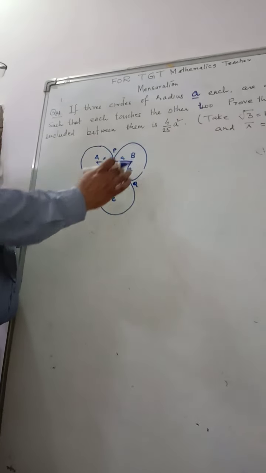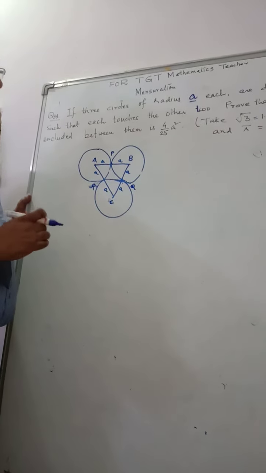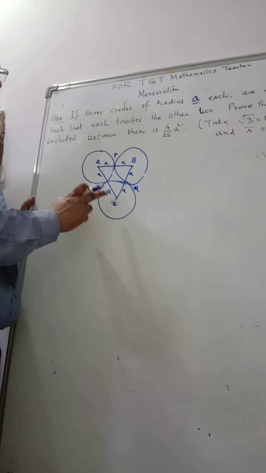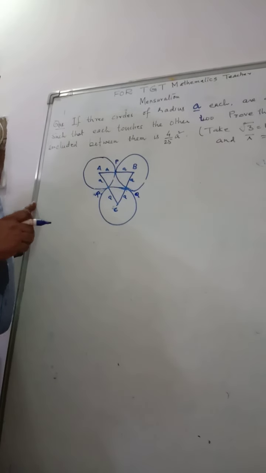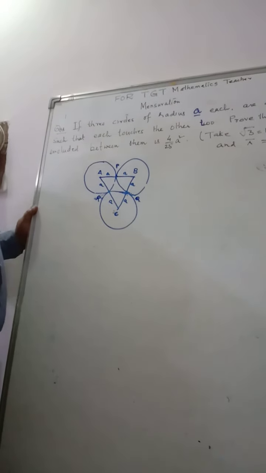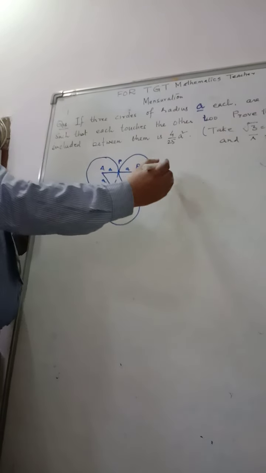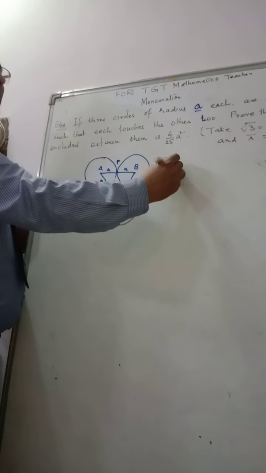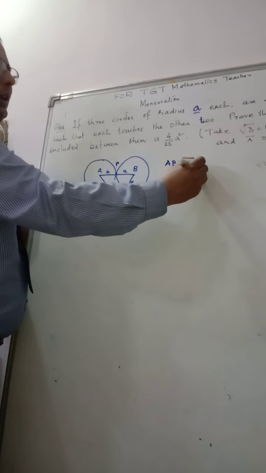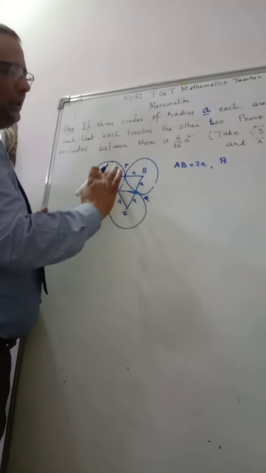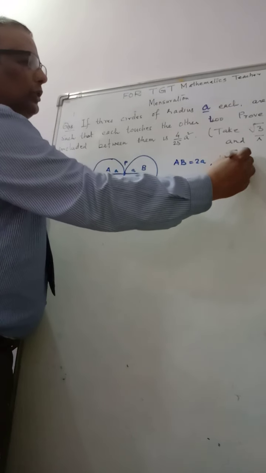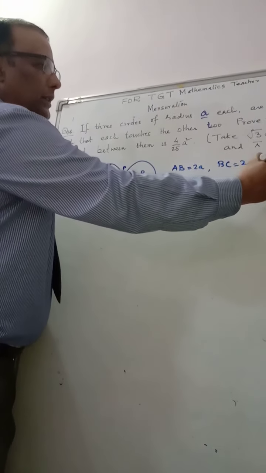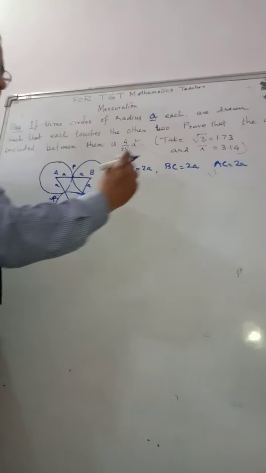Similarly, BC is also a straight line, and AC is also a straight line. It is the portion of geometry. Now AB is equal to 2a, BC is also equal to 2a, and AC is also equal to 2a. So all sides are equal.